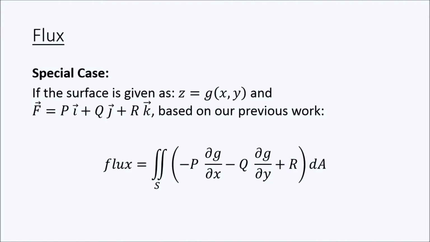And the reason that minus sign shows up is, if you go back, remember when we defined the normal, what we're really doing is P times, and the component of our normal was negative partial g with respect to x. And then again, it's a dot product, so we would sum it.